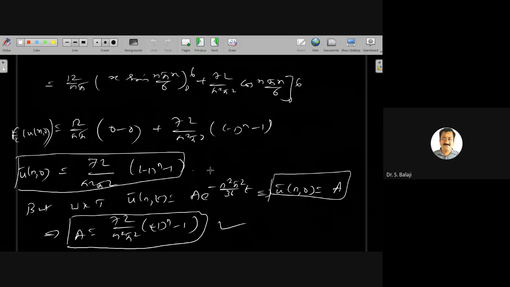Very good. Substitute the limits 0 to 6 for variable x. We take the terms without x outside.